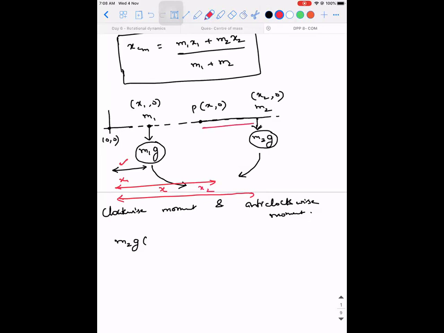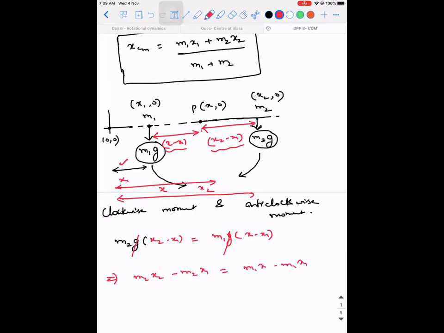So what will the M2P distance be? x2 minus x. What will this distance be? x minus x1. So M2g into the perpendicular distance, x2 minus x, is equal to M1g into this distance, x minus x1. So g will get cancelled. From this I can get M2x2 minus M2x is equal to M1x minus M1x1.